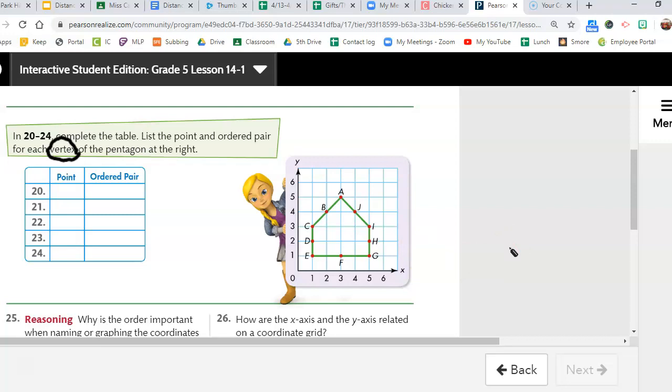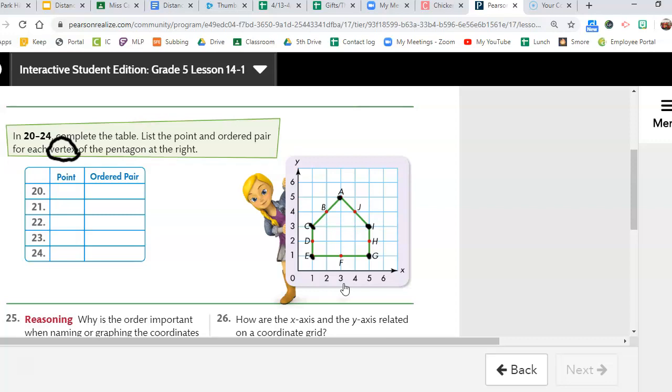Right here in the picture, we have a pentagon. A pentagon is a shape with 5 sides. Now the vertex, I'm going to try to put little dots there, is each corner. That's what it means by vertex. So F, H, J, B, and D do not count because they're in the middle of the line. The line doesn't change direction there. The vertex is where each corner is, okay?